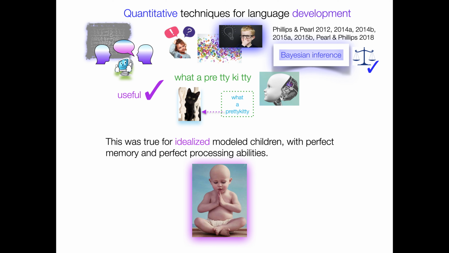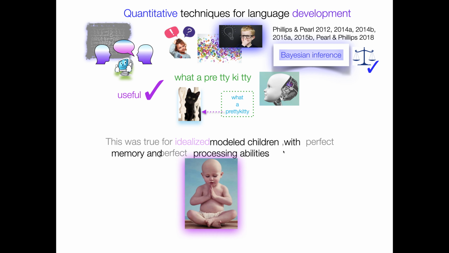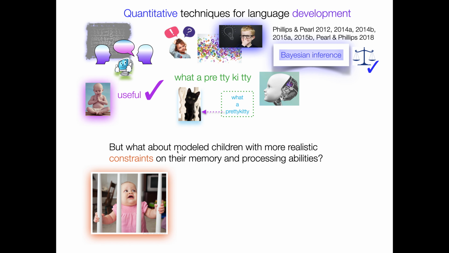So it's a useful strategy. And this was true for idealized modeled children who had perfect memory and perfect processing abilities. Well, children aren't perfect. They have limitations. So what about modeled children with more realistic constraints on their memory and processing abilities?